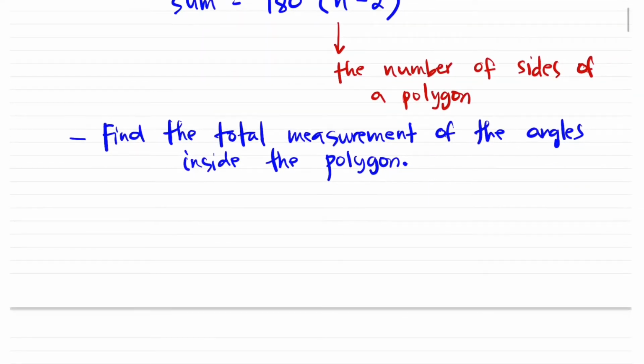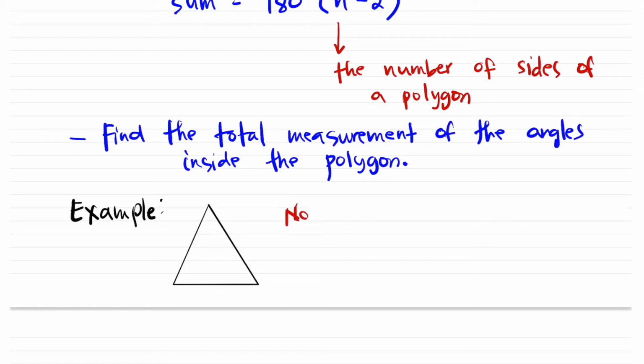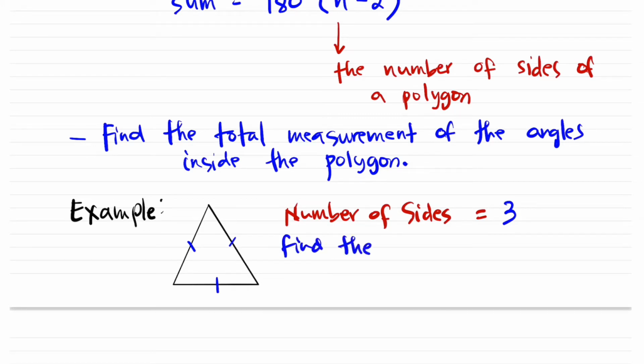So let's have an example. Let's have a triangle here. Now we identify the number of sides. The number of sides would be 3: 1, 2, and 3. Using the formula, we're trying to find the sum of the interior angles.